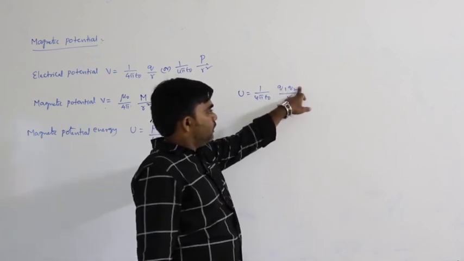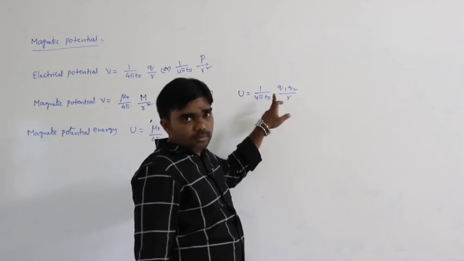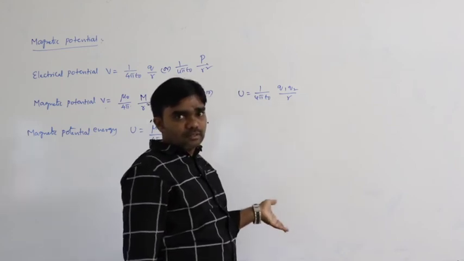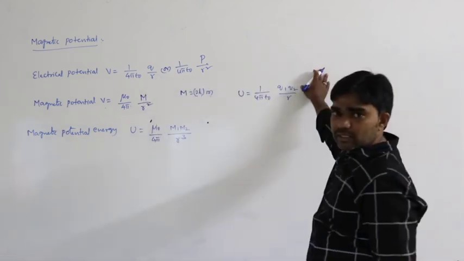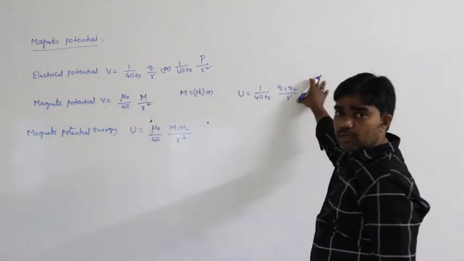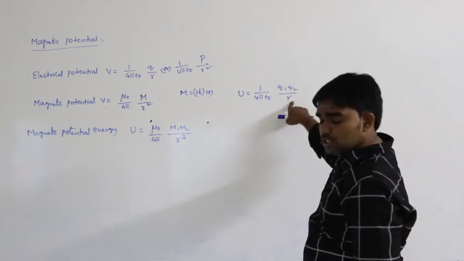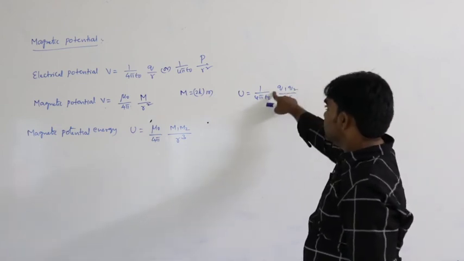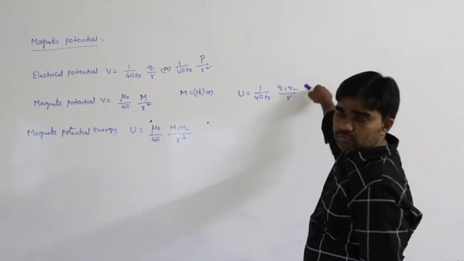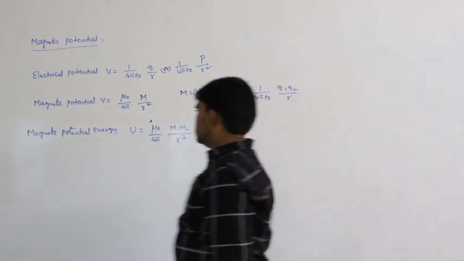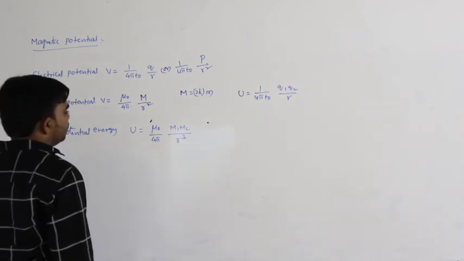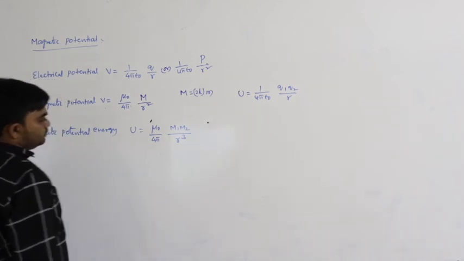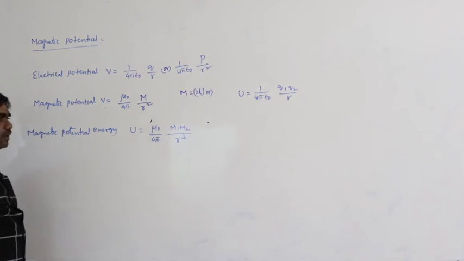The denominator also gets multiplied by lengths, according to units and dimensions, that is why this becomes r cube, and this becomes 2L into q1, 2L into q2, so P1 P2. So that is the magnetic potential energy: U equals mu naught by 4 pi m1 m2 by r cube.